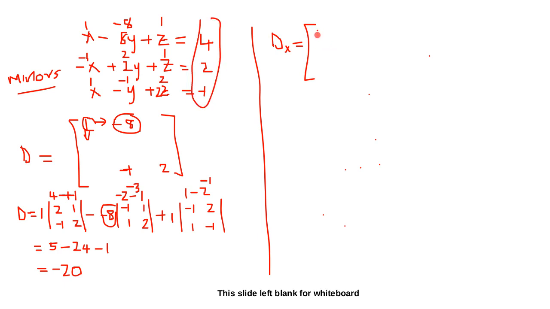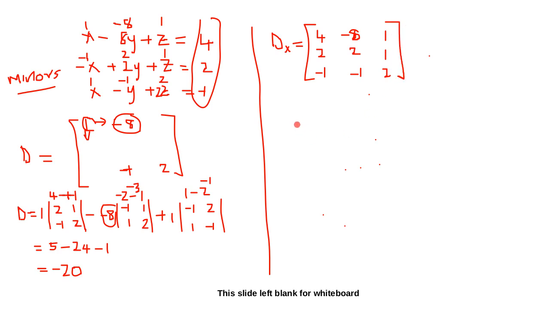So we'll have 4, 2, negative 1. Then these other values are the same. So we'll have minus 8, 2, and negative 1 there. Then the last column, 1, 1, 2. The other values will be the same.